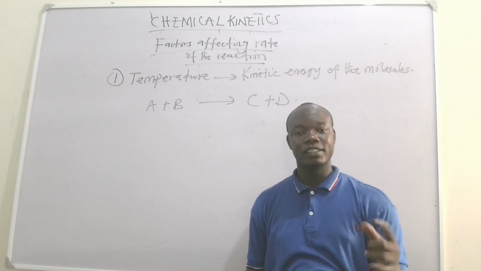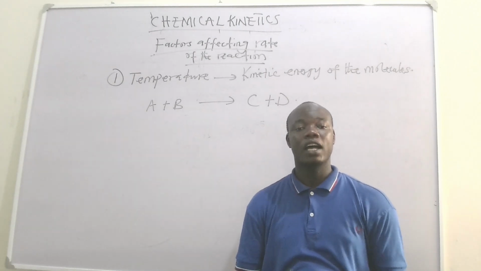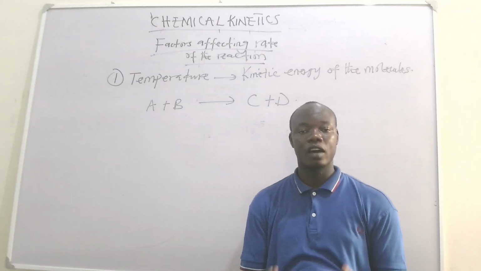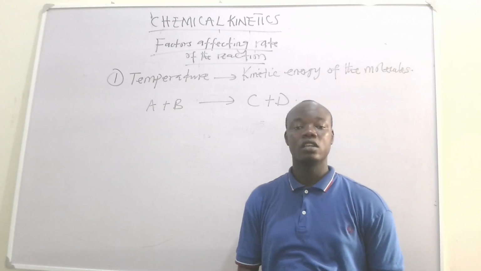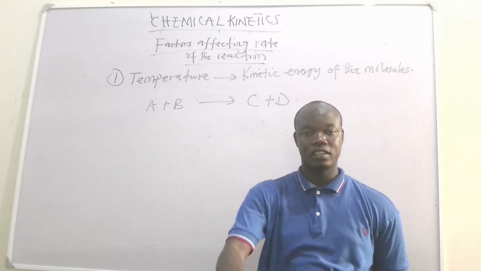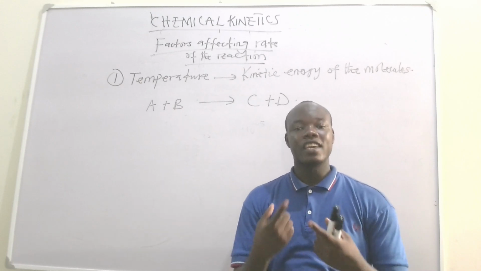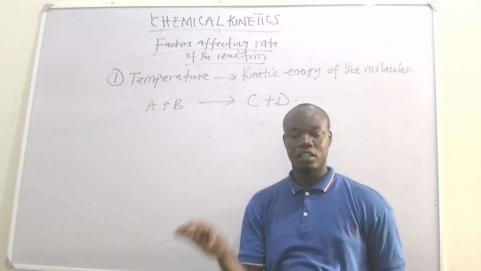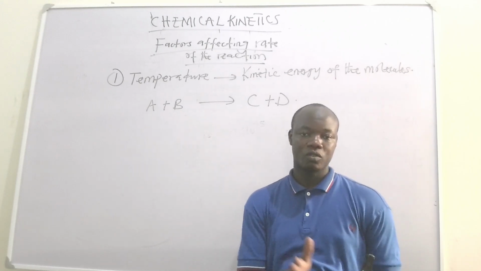And it is this energy that allows the reacting particles, after an increase in temperature, to jump the activation energy. So an increase in temperature of the reacting particles generally increases the rate of the reaction.